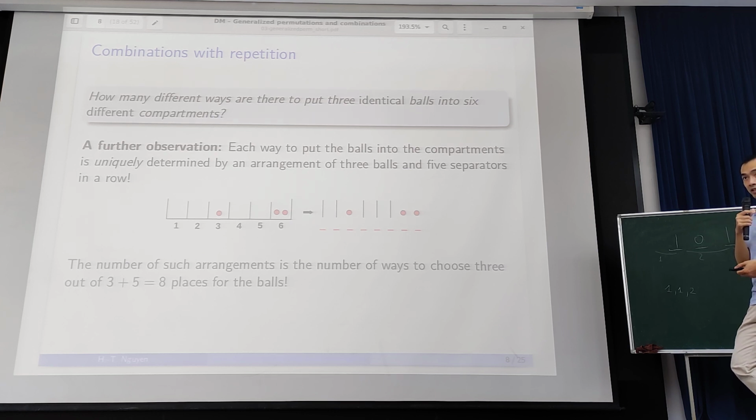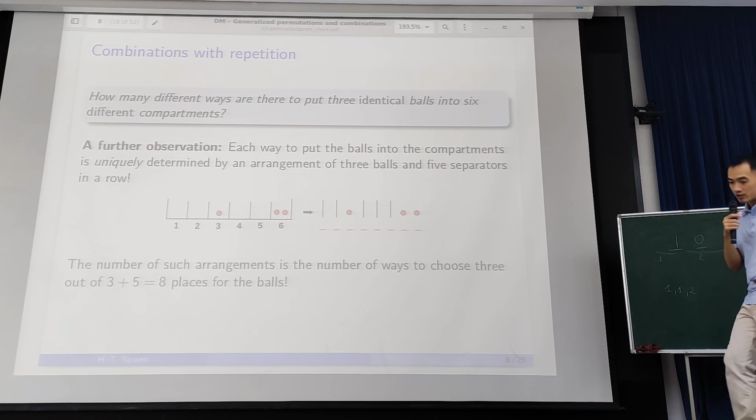Okay? And now that you have this configuration, you have already learned the way to solve it. So you have 8 places. You will choose 3 out of 8 for the balls, and the rest for the separators. So the answer will be 8 choose 3.